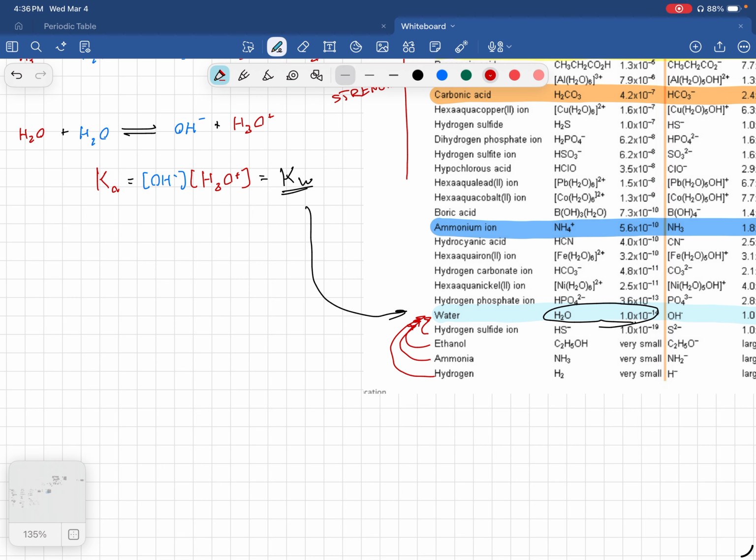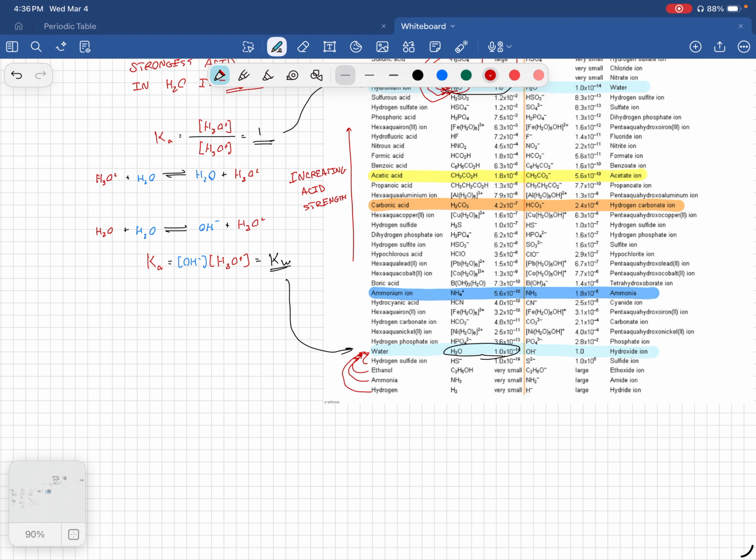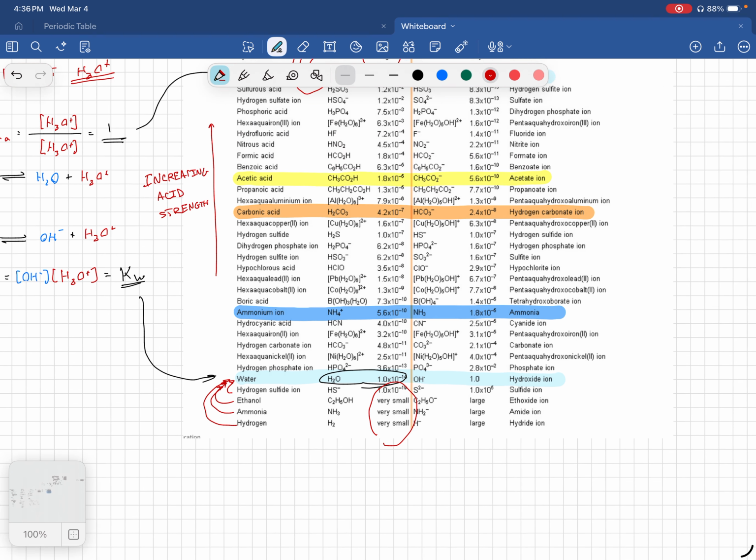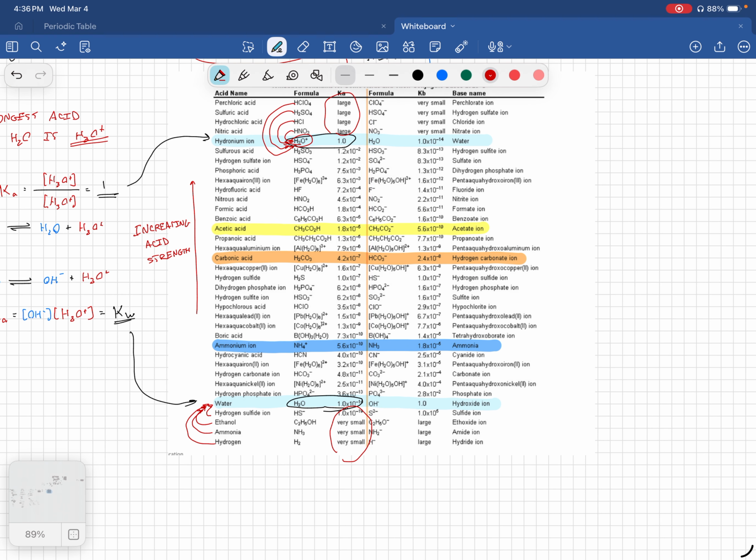Anything that is a worse acid than water that you put in water, the strongest acid is what is going to generally react. And so you're not going to be able to see it. Water will act as the acid in that case, if possible. And so these are also effectively immeasurable. Now, there does seem to be an exception here for the hydrogen sulfide ion, but let's skip that for now. We don't really care about that.